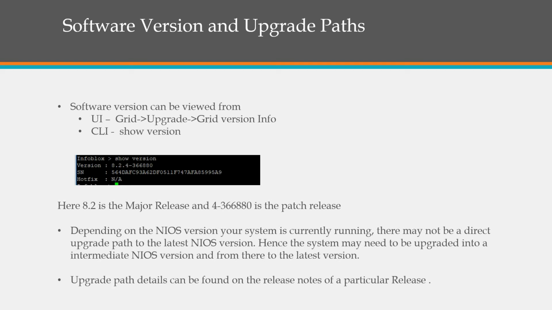That's what we call the upgrade path. To figure out the upgrade path, if you're planning to do an upgrade, you need to read the release notes of the release to which you are planning to upgrade, which will tell you the upgrade paths you need to take. The release notes will have all the information that you're looking for.